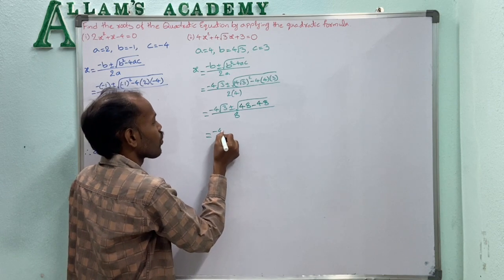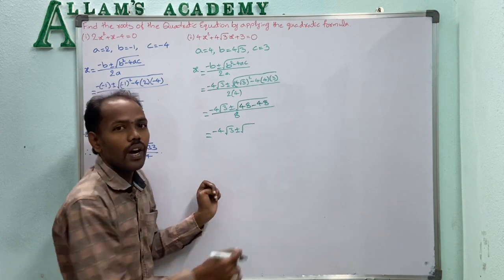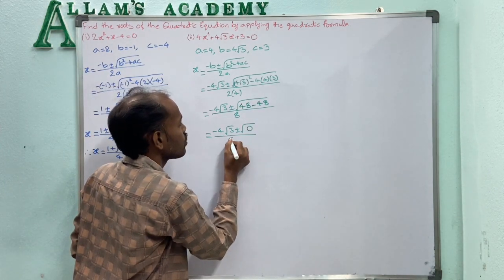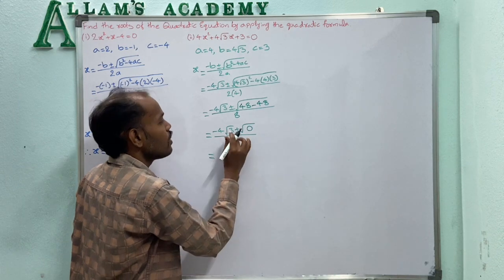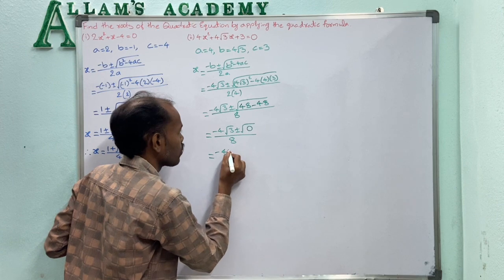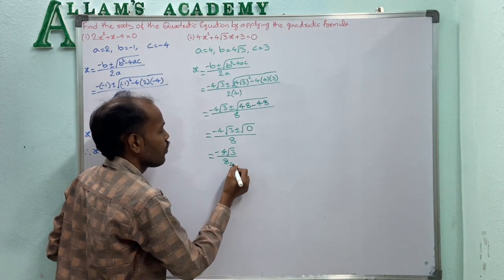So minus 4 root 3 plus or minus under root 48 minus 48 is nothing but 0. So root 0 is 0 only. So minus 4 root 3 plus 0 is nothing but minus 4 root 3 by 8. So 4 ones are 4, 4 twos are 8.